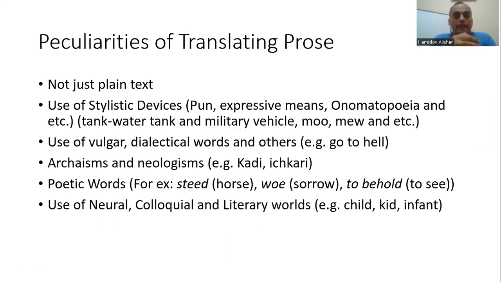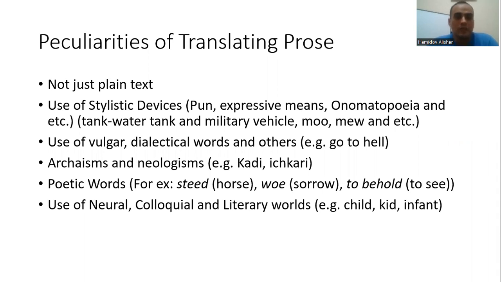First of all, let me briefly introduce you to the topic: the peculiarity of translating prose. What does it contain? First of all, it contains not just plain text. It can be very colorful.